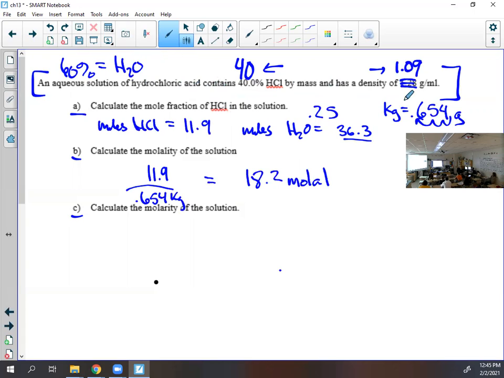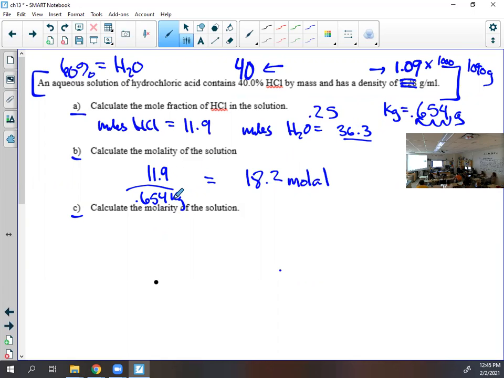We used the density of 1.09, multiplied by 1,000 because that's how many milliliters there are in a liter, so we got 1090. Times 0.6, and that's where we get 654 grams. Then we divided by 18 and got 36.3. So that's where that came from. We moved it over 3.